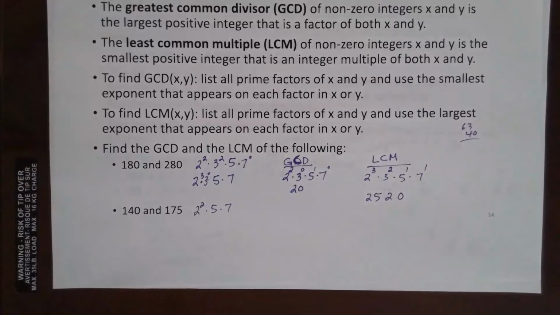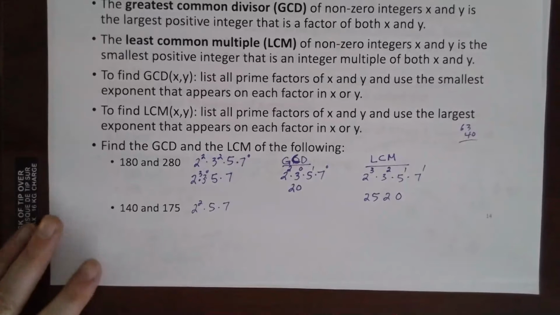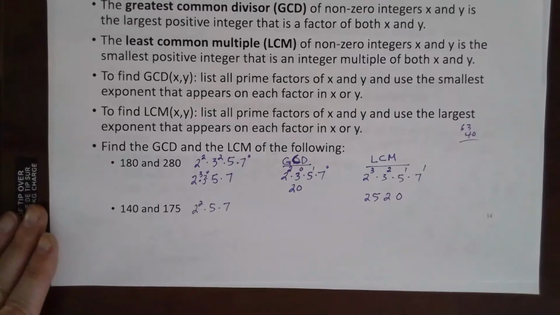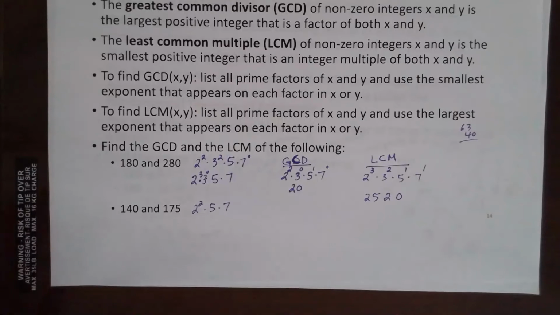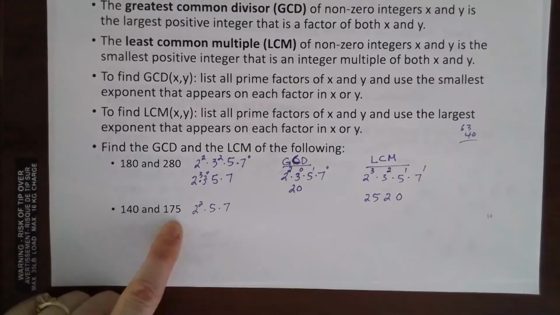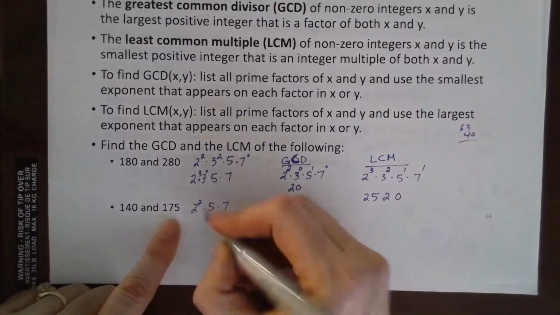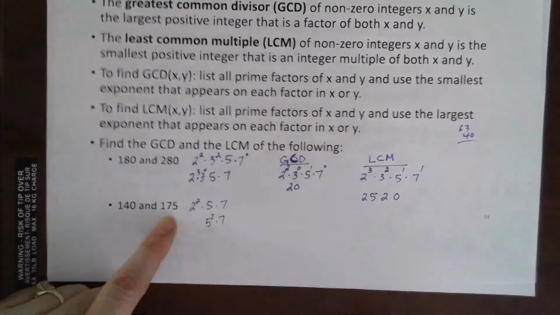I did 2 and 70. Okay, 35 and 2, so 2 and 70. And then 175 is maybe a little bit trickier. 5 goes into 175. Well, how many quarters make up $1.75? 7 quarters. So this is 7 times 25, which is 5 squared times 7.